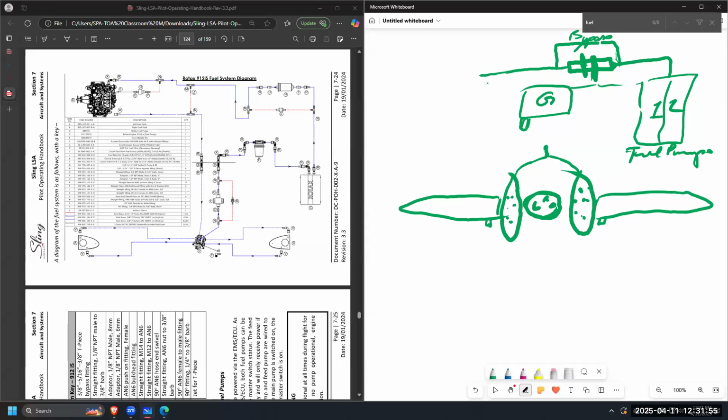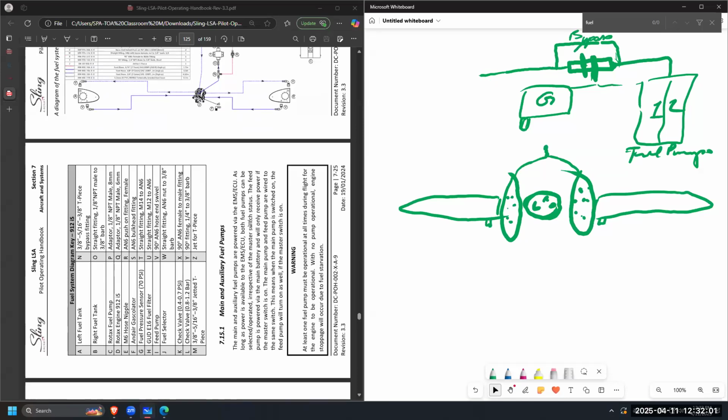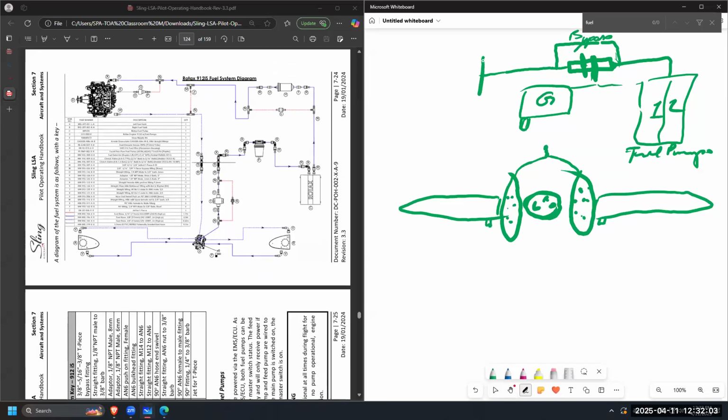Last thing, or second to last, I should say. What is the last one? Here. And this is the Rotax engine. What's the last thing? Fuel pressure sensor.